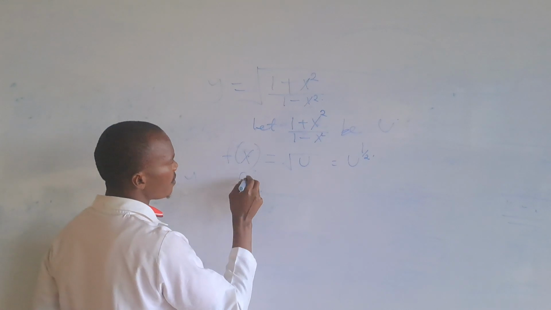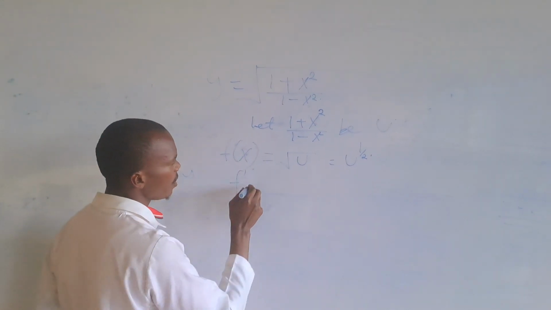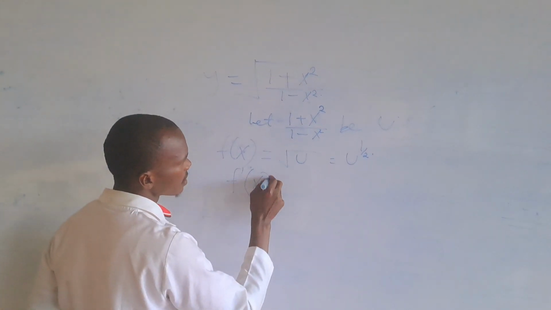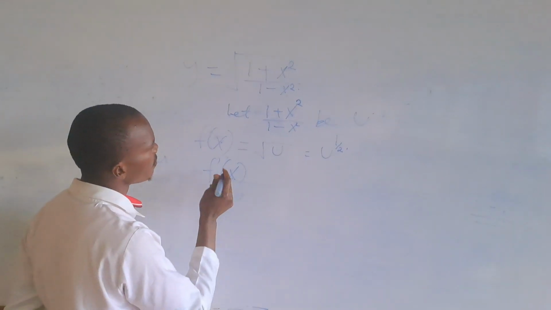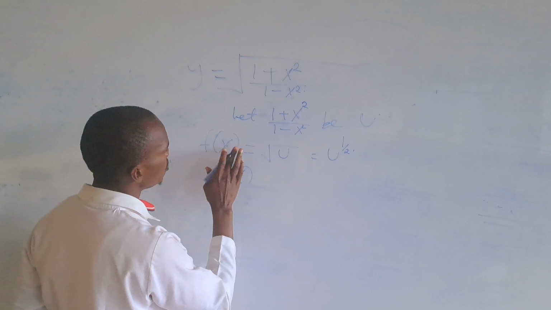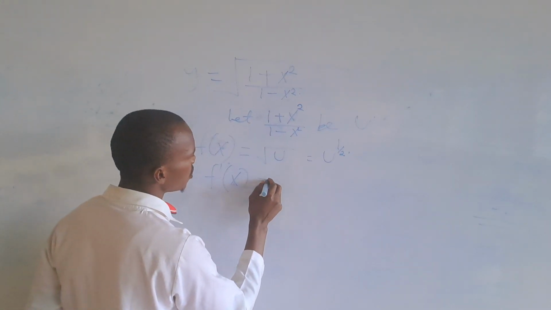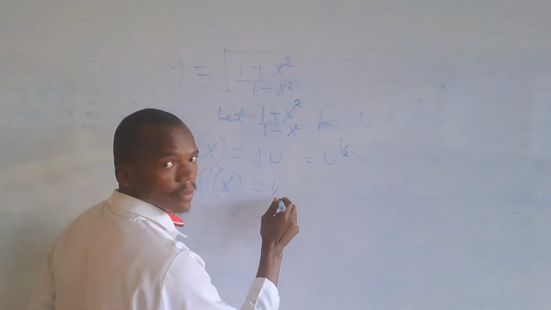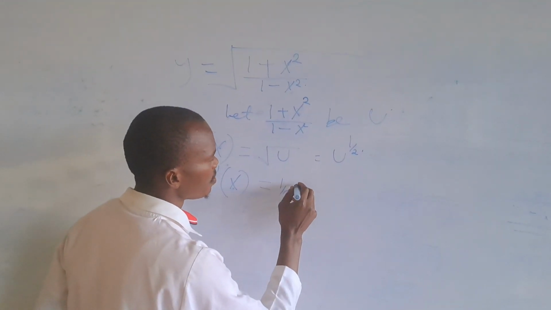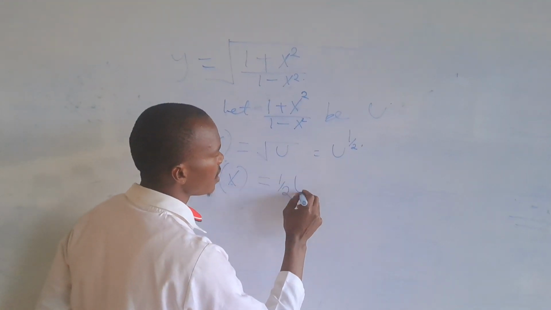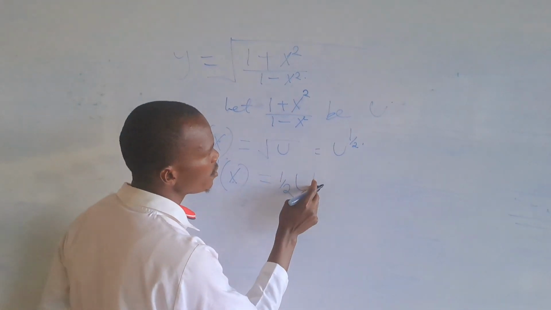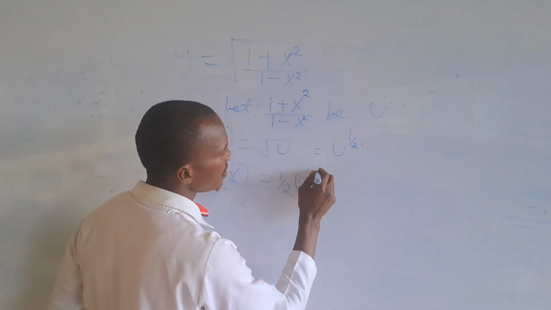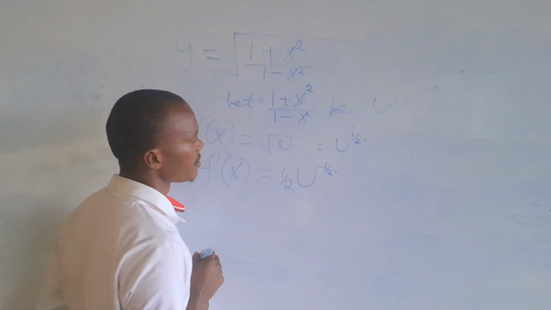So the derivative of f of u in that case will be a half u, then half minus 1 will be negative a half, like that.